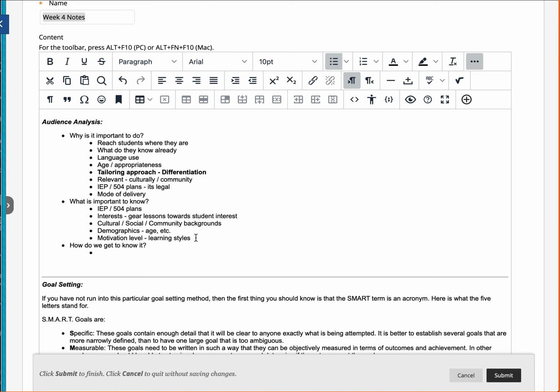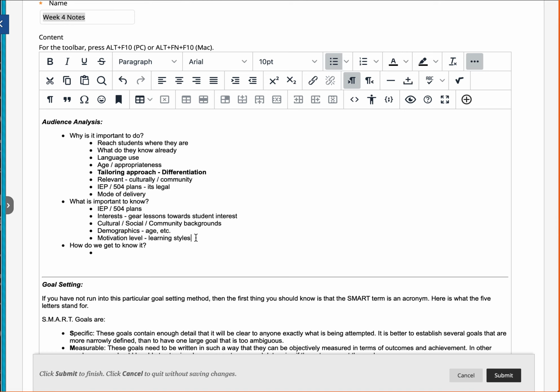I don't want you divulging privileged information, like sharing their 504s or anything like that. But if it's helpful for the purposes of this class and this project to use a group of students that you have worked with or are working with, just use them as, okay, if I was designing this for this group of students.